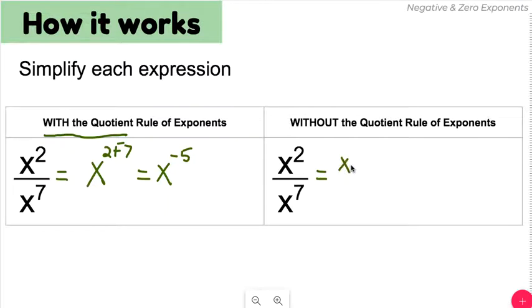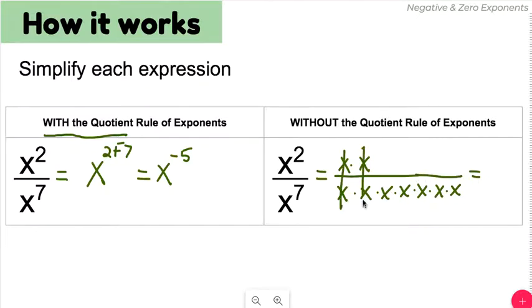On the right, we'll expand this out. Cancel, cancel. Now, when everything cancels on top, that doesn't mean there's nothing left.